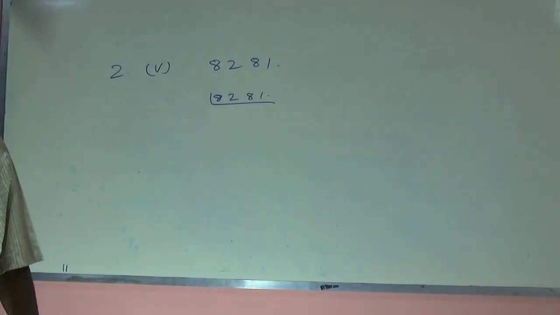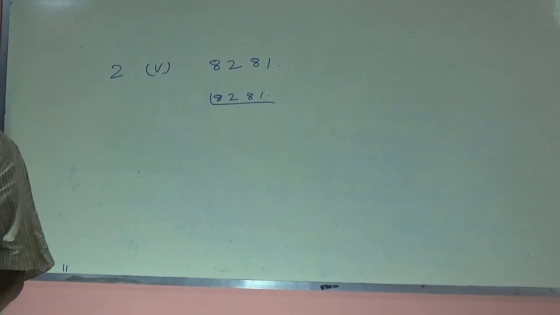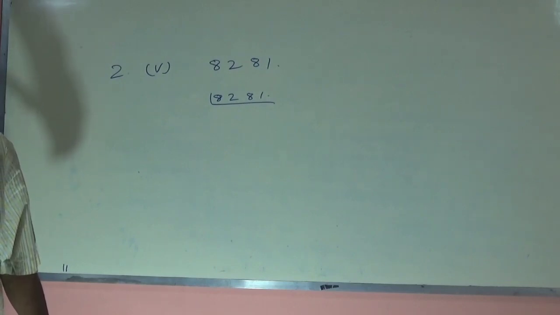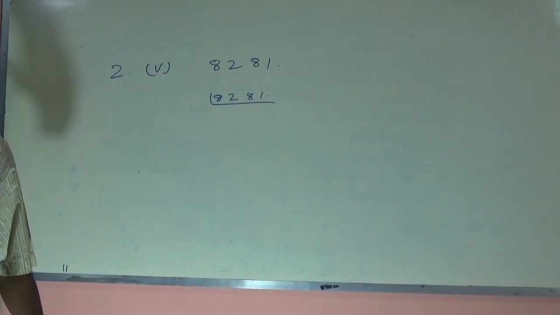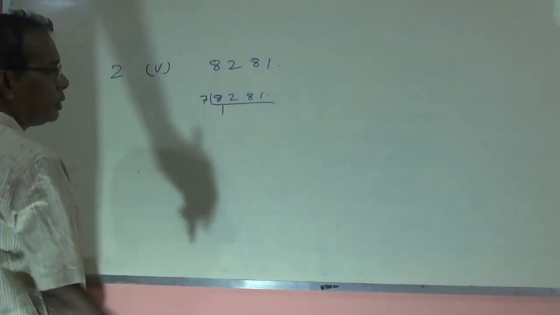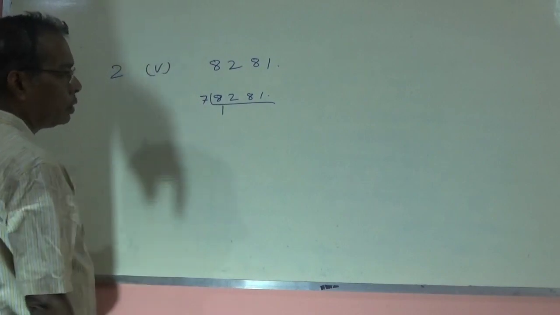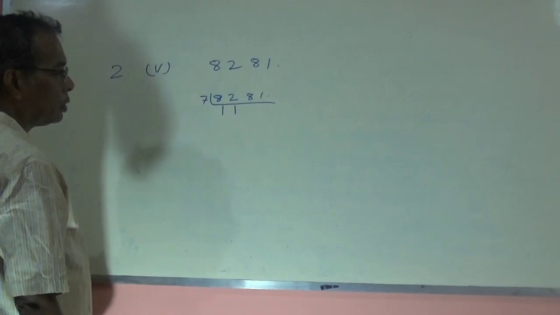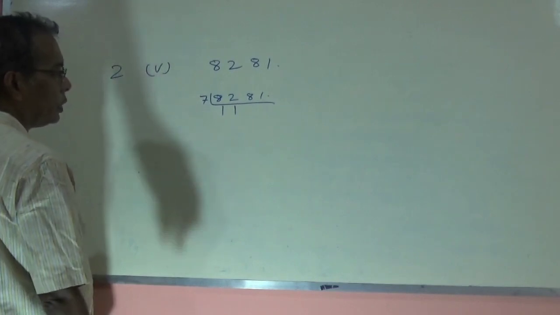Wait a minute, let me verify. 7 ones are 7. 1, 2, 12. 7 ones are 7 again.